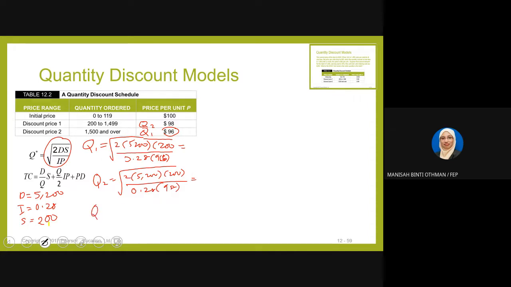And then the last is Q3: square root of 2 times 5,200 times 200 divided by 0.28 times 100. So they get the quantity for each price. We get Q1, the quantity for price 96.